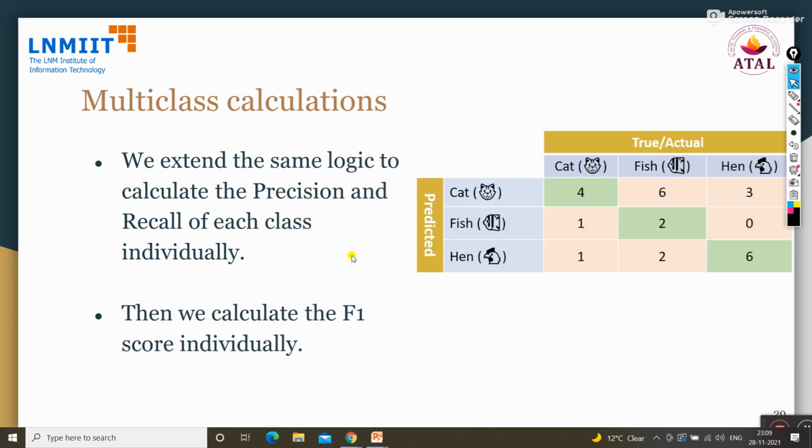So what does it mean individually? What would be the formula to calculate the individual one? It'll be true cat, cat fish, and cat hen, right?